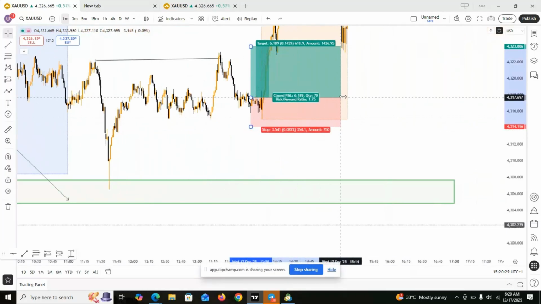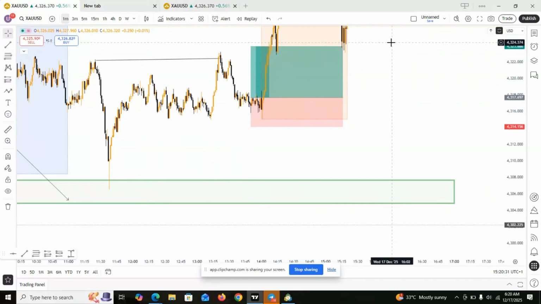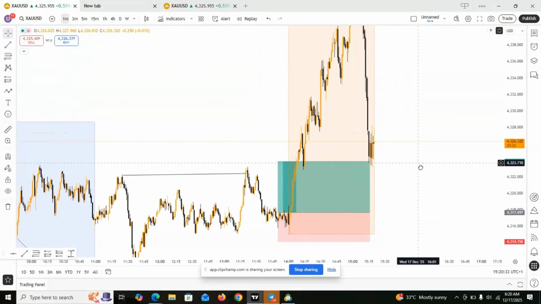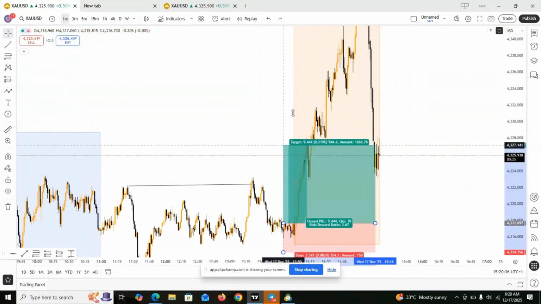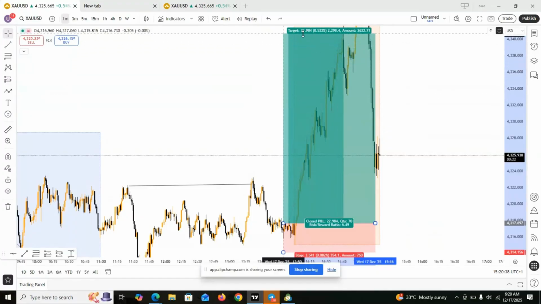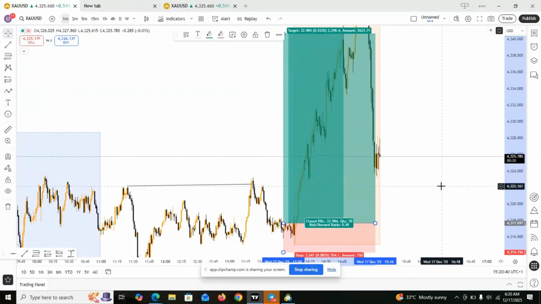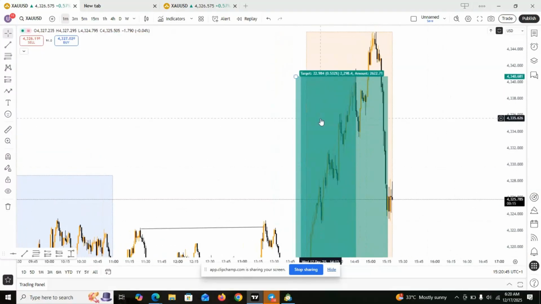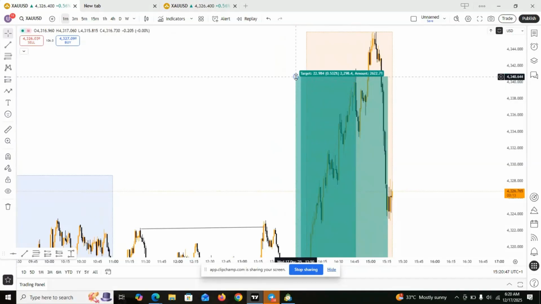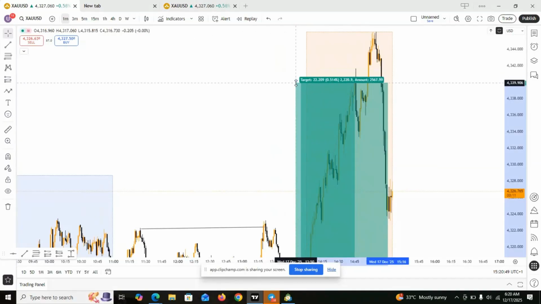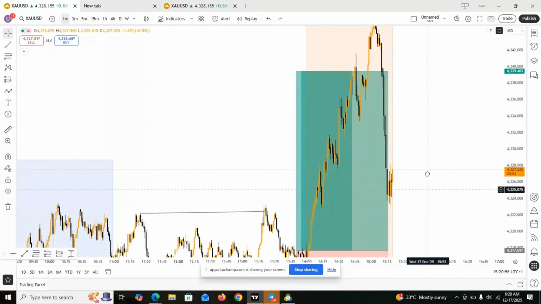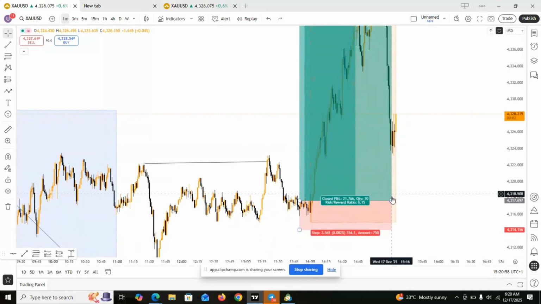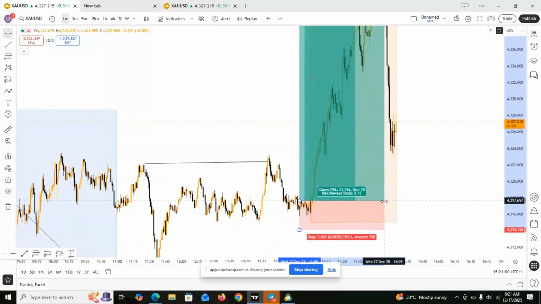I will show you. The previous high is around 4338.11, around this zone. So that was my take profit, and price smashed my TP.